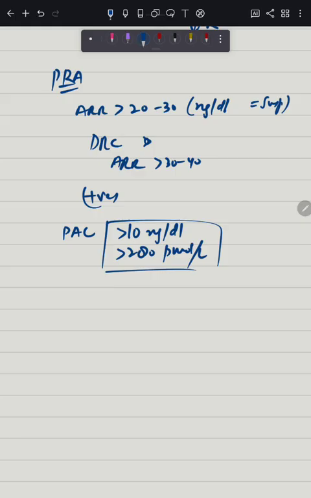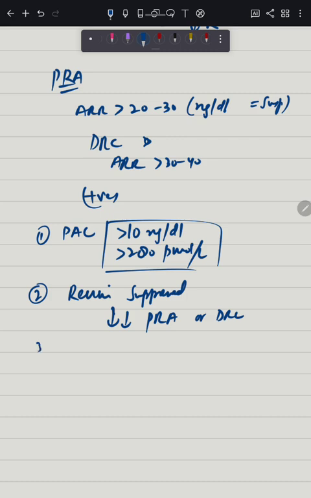The second thing is renin should be suppressed, suggesting primary hyperaldosteronism, and it should be very low, either plasma renin activity or direct renin concentration.